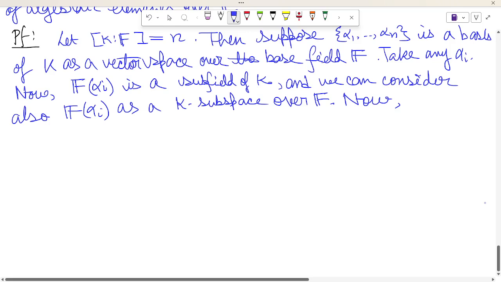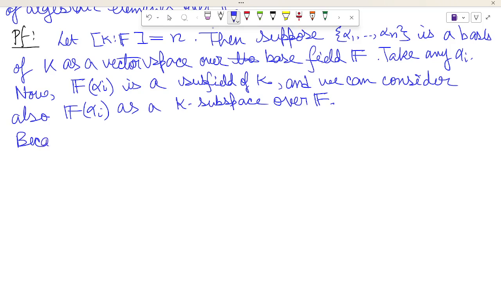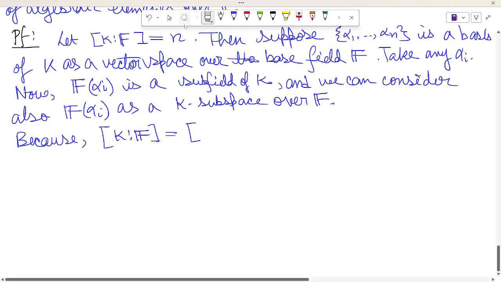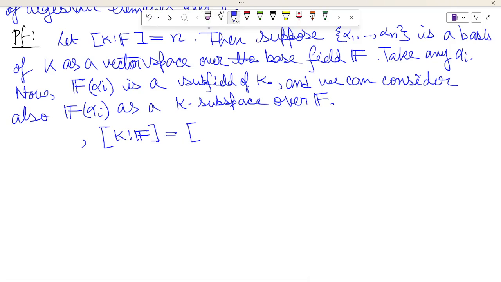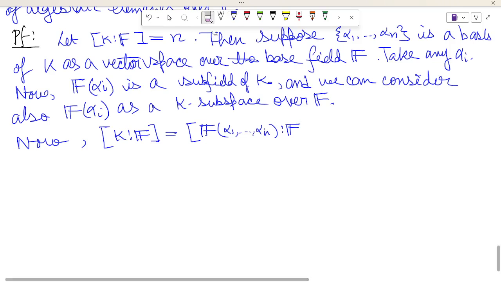Why is it happening? [K:F] I can write as [K:F(alpha i)] times [F(alpha i):F], where F(alpha i) is the intermediate subfield.